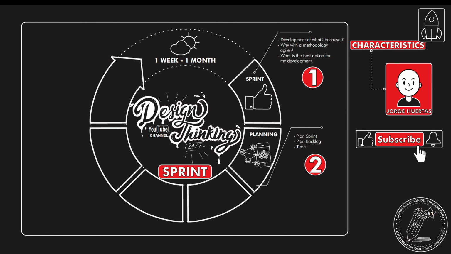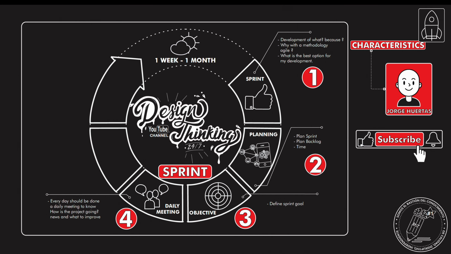Then you have to start planning. You have to have a backlog. You have to have a specific time. You have to define how long each one of the sprints will take. And of course, you have to define the objective and the sprint goal. That is extremely important. Every single day you have to have a daily meeting.